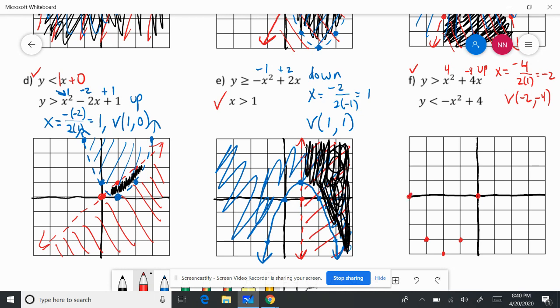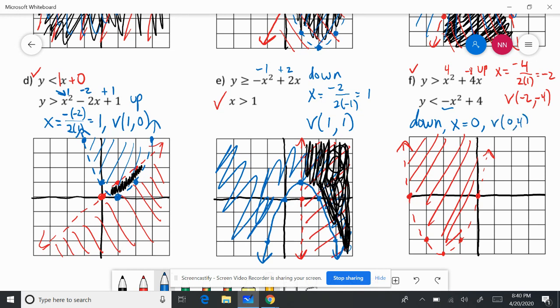Since it's greater than, I'm going to draw a dashed line. And greater than means I shade above. For the next one, I see that it goes down. My axis of symmetry is 0, and then my vertex is 0, 4.